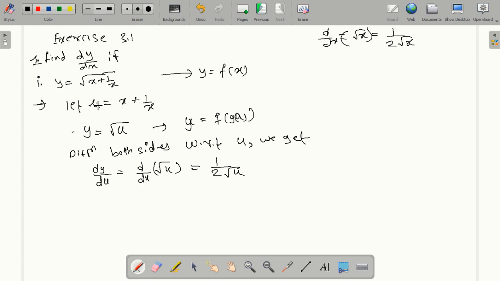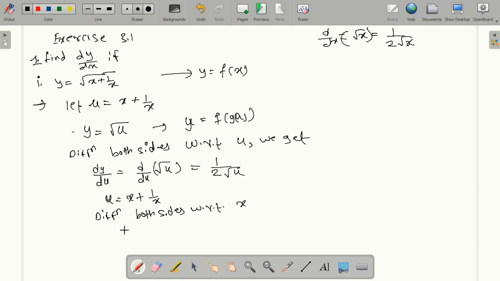Also remember that we have substituted the inner x plus 1 upon x as u. So we know that u is equal to x plus 1 upon x. What we are going to do is differentiate both sides with respect to x, right?